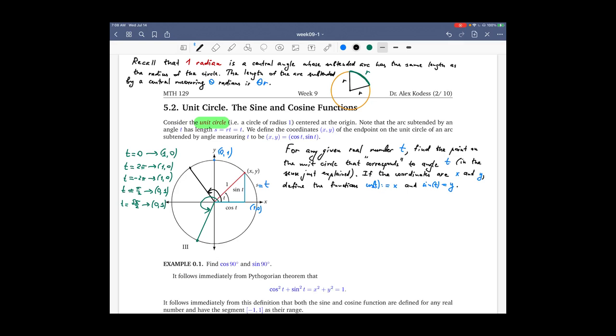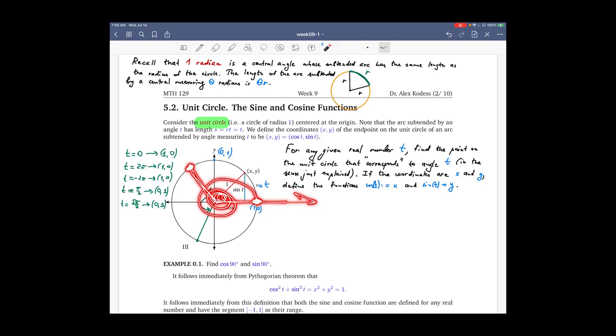You give me any real number. I take that number as an angle and measure it from the positive direction of the x-axis. Every such angle brings me from the point (1, 0) to some other point on the unit circle.